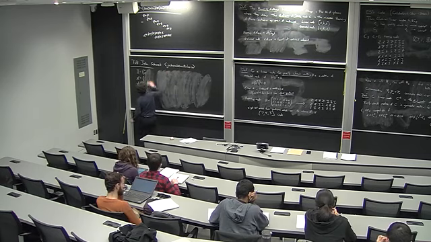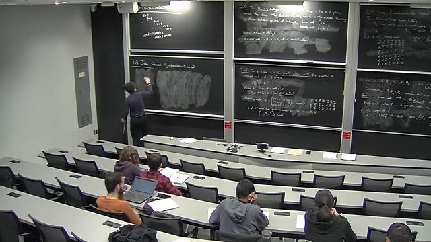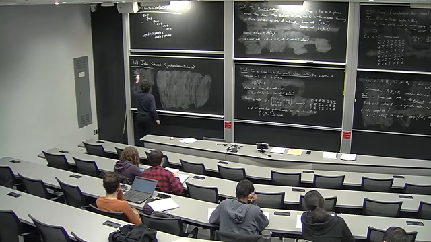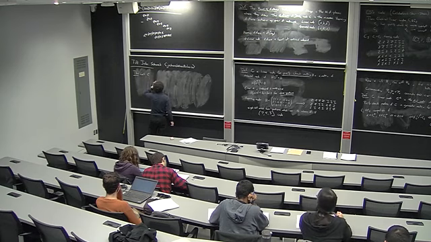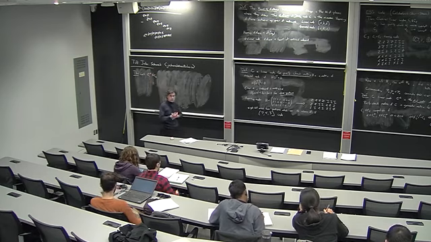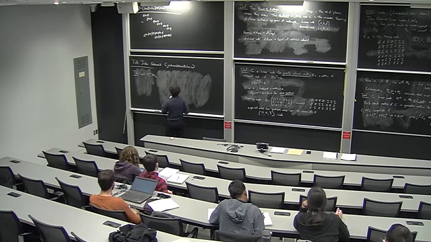Okay, so this gives us our theorem about CSS codes. So let's say we have two classical linear codes with C1 perp a subset of C2.